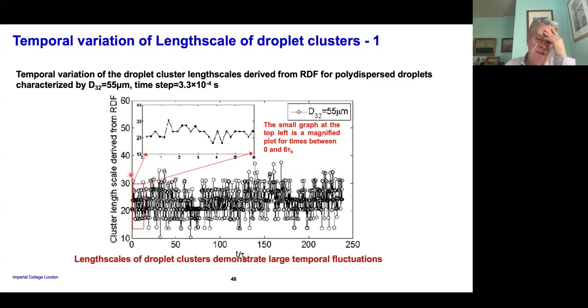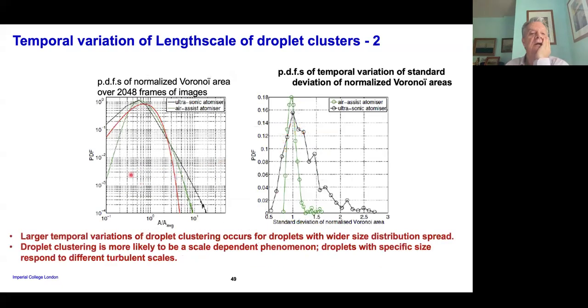And definitely all the clusters are much bigger than the Kolmogorov scale. We can also get the distributions of how the Voronoi areas behave, and these are averages of many frames for many different distributions.